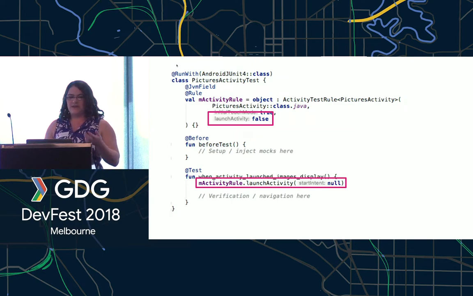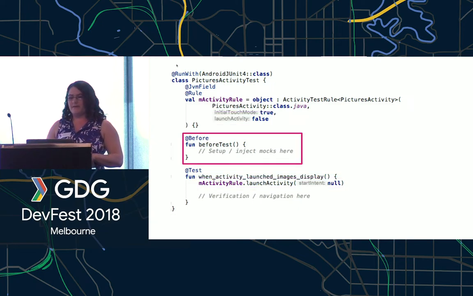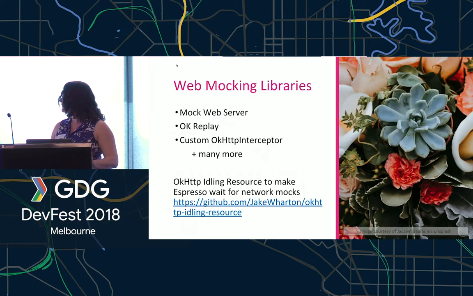Don't launch your activity straight away because that runs before you have a chance to inject your mocks. What I'd actually recommend is launching your activity in each test case, and that allows you to have the before method where you can inject your mocks, just like with your unit test. Otherwise, you'll find your app making real network calls and it just becomes a pain to clean up.